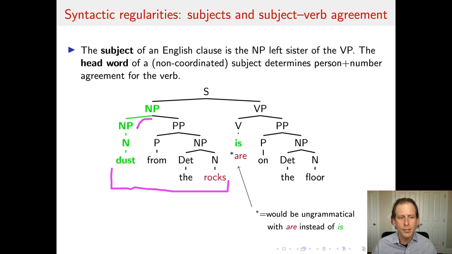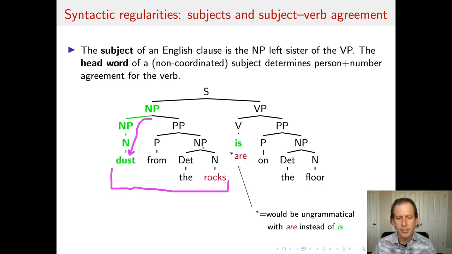So there's a head relation, which I won't get into in detail, but which you can use to determine what the number value should be for that noun phrase that the verb is agreeing with. In this particular case, that is a singular noun, and so the verb form should be singular.